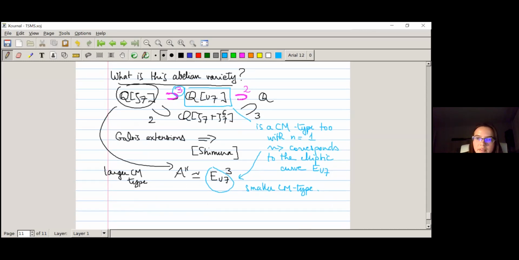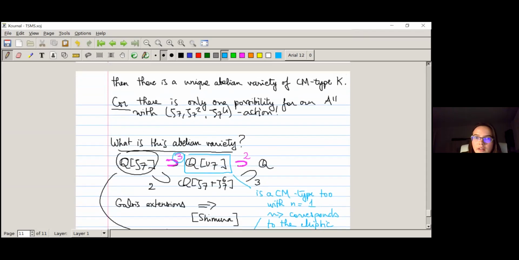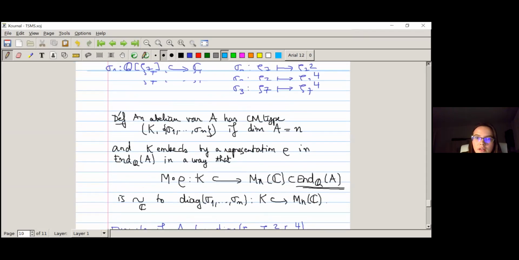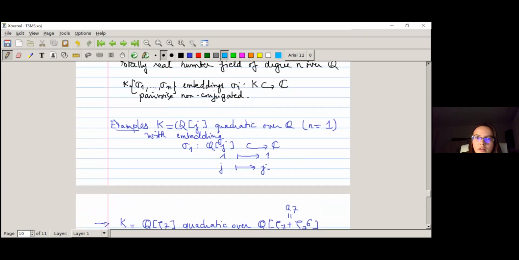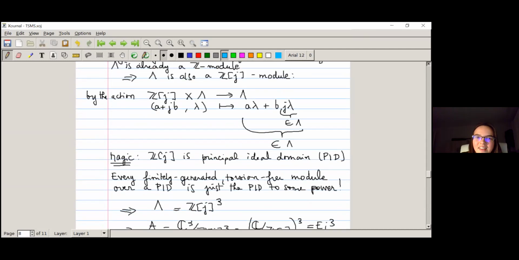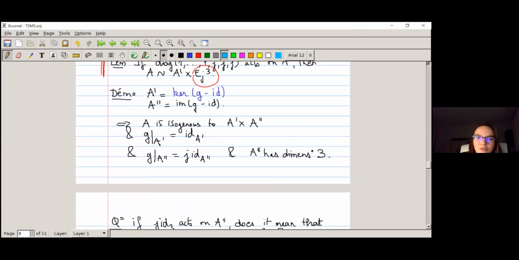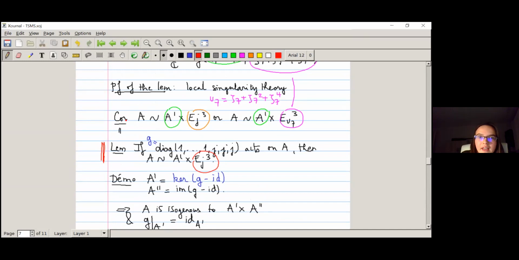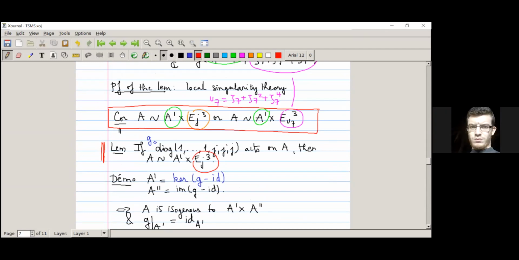And that ends the proof of this corollary. And so now we're almost done. We know that our abelian variety has some E_J in it or some E_U7 in it.